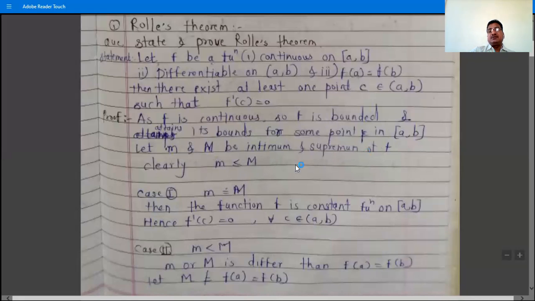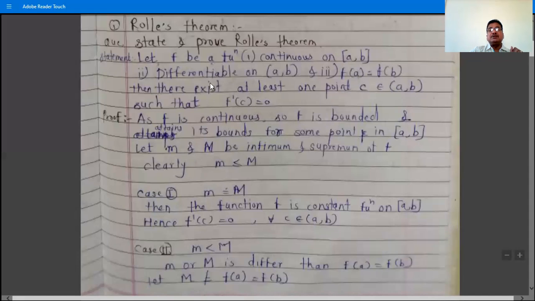Note that small m is the image of some element under this function, and capital M is also the image of some element from the set AB.